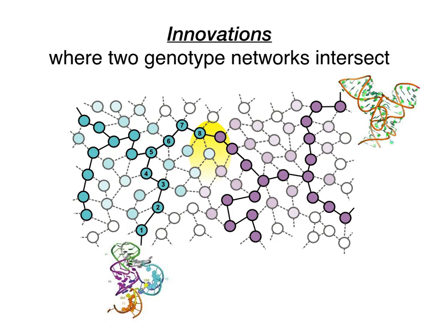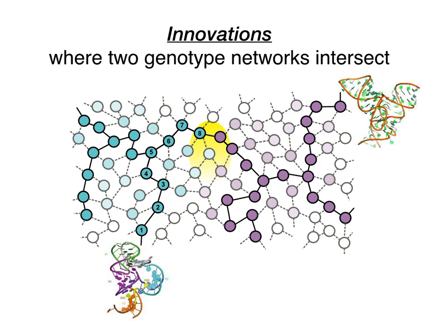And so in terms of innovations, we can imagine that innovations can happen where two genotype networks come in close proximity or even intersect. So we have a blue network here, which represents one RNA structure on the bottom of the slide, and a purple network that represents a different structure.